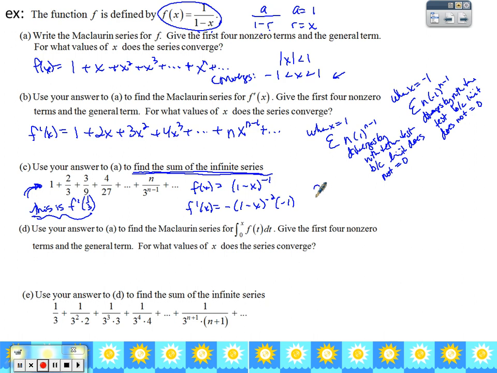Now finding f prime of 1/3, I would get 9/4 is the sum of this series. Or it could have said evaluate, or one of those other terms that I told you. That is the sum of this series.